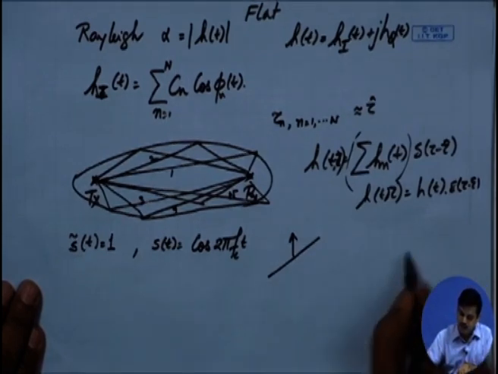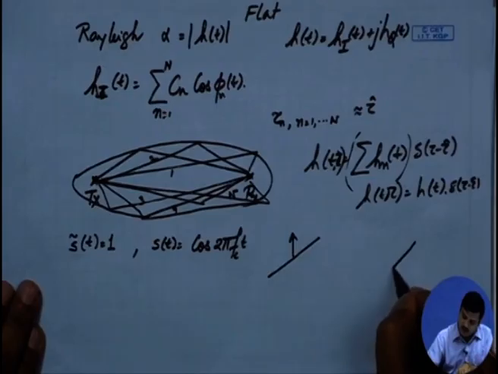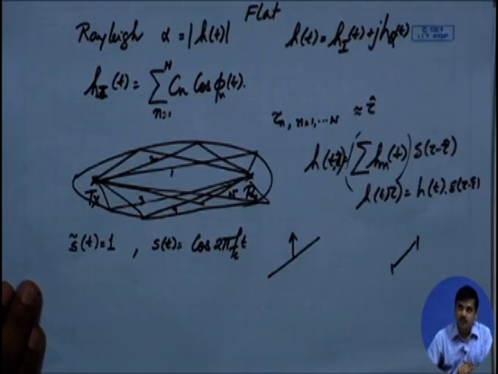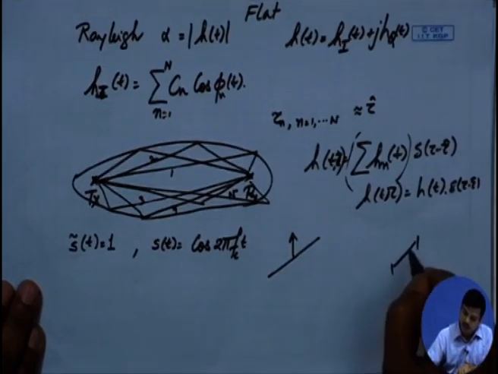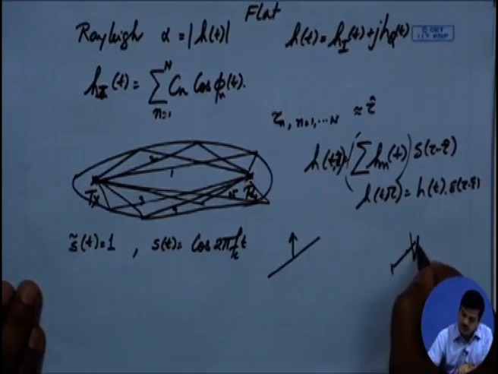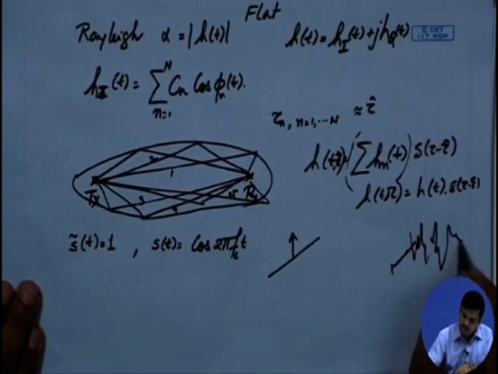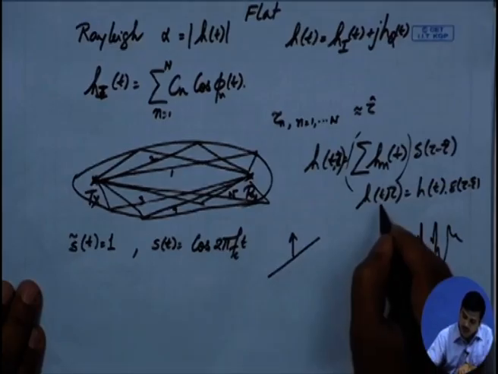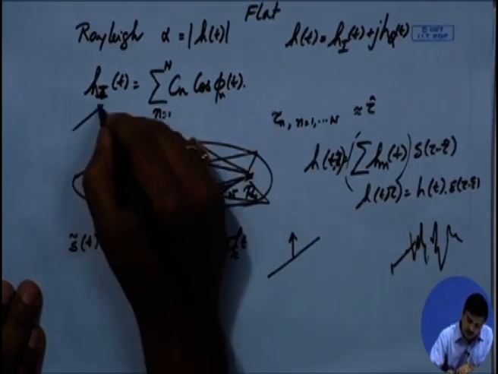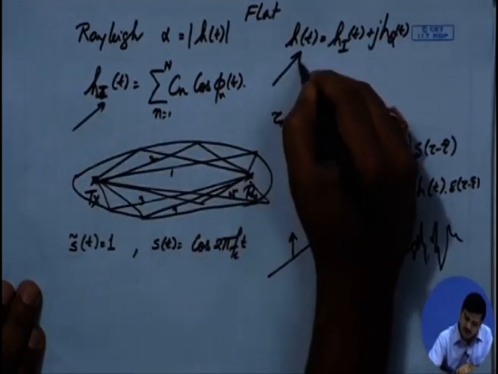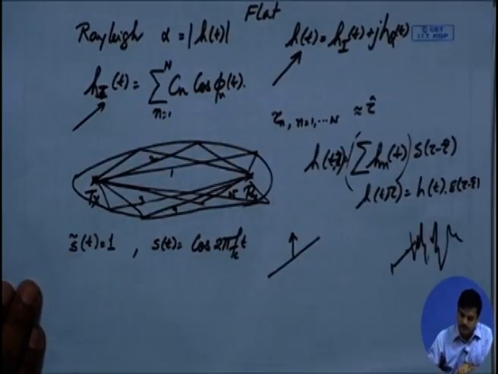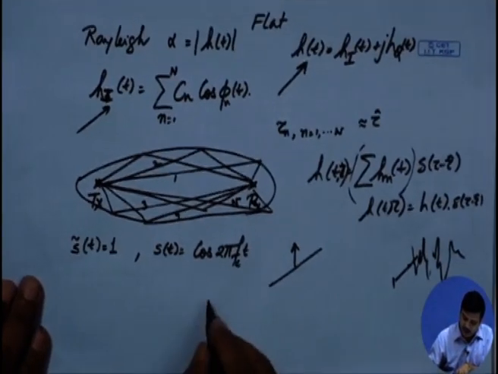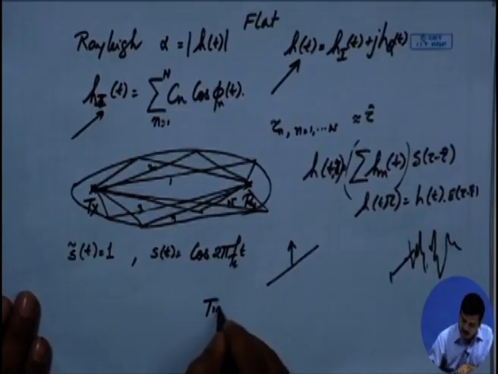However, when it is received across the band of interest, it was flat, but the amplitude that is received is fluctuating with time, and therefore we have h of t, h I of t and h q of t. We have h of t time varying, and we said it is time variant.